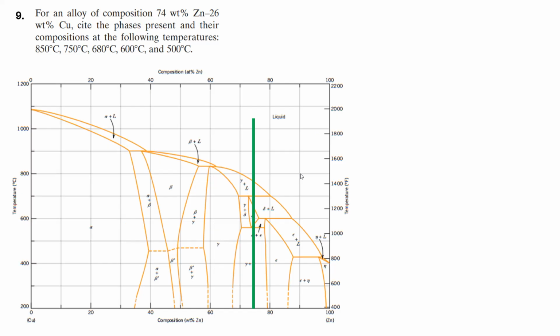Okay, and so at 850 degrees centigrade we are completely in liquid. At 750 degrees centigrade, we have the gamma and liquid phase present, right?